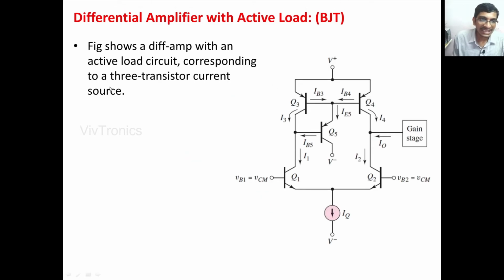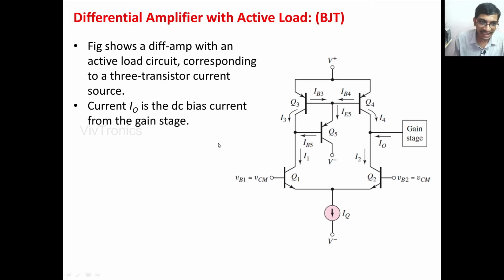Let us see the differential amplifier with an active load circuit corresponding to the three-transistor current source. Here Q3, Q4, Q5 form the current source. We know the current source offers very high resistance, and that high resistance we are going to use as a load resistor in our circuit. The current I0 is a DC bias current from the gain stage.